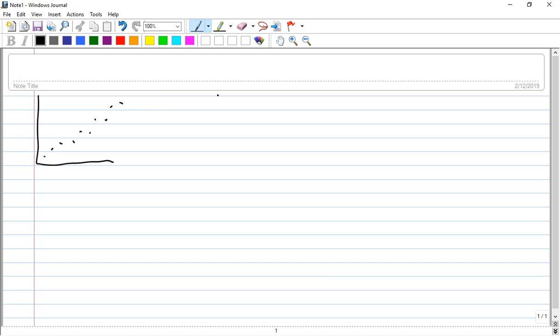And whenever we graph a scatter plot, if for small values of x, we start out at large values of y, and then it goes down, then that would be a negative relationship.